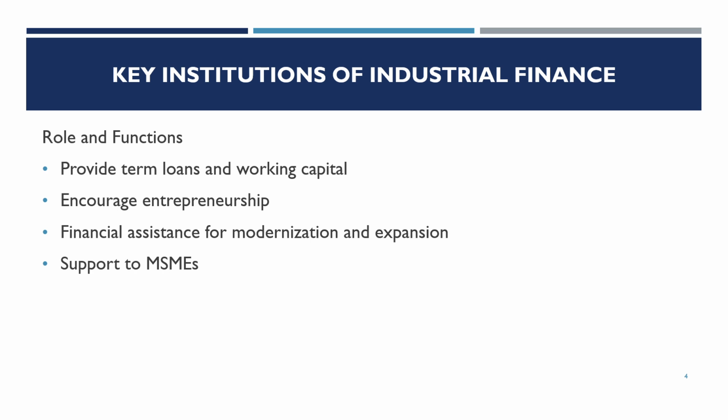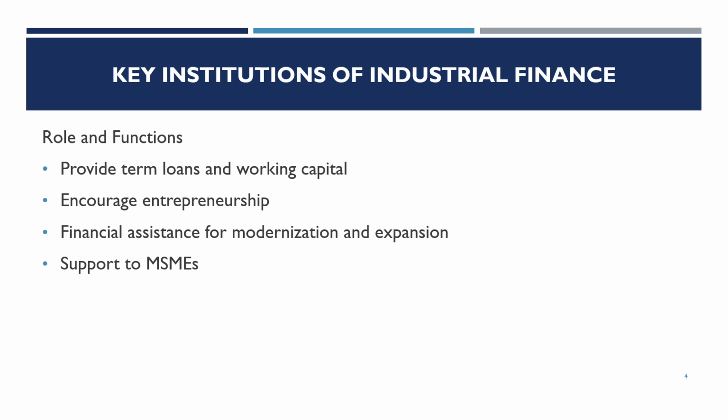So what is meant by the role and function of the institutions of industrial finance? These institutions, which we saw in the last slide, support the industries by providing loans, guarantees, and even equity participation in some cases.